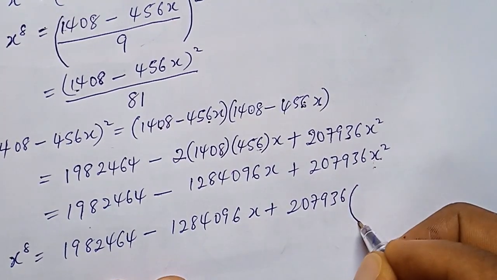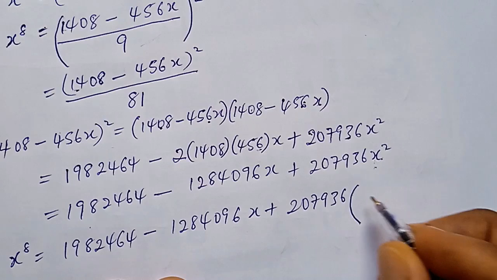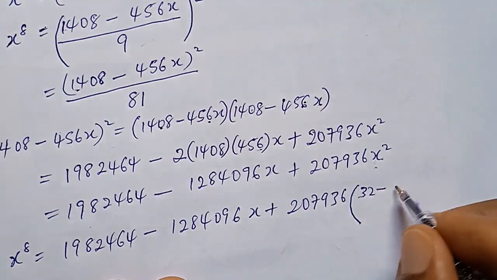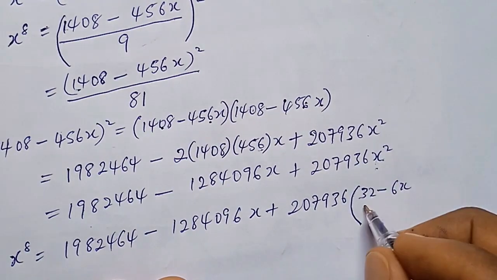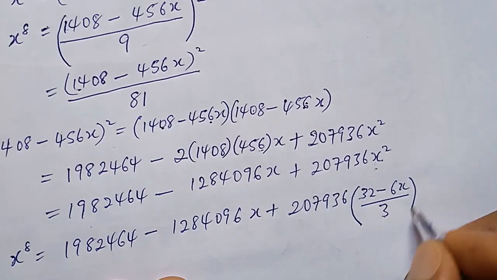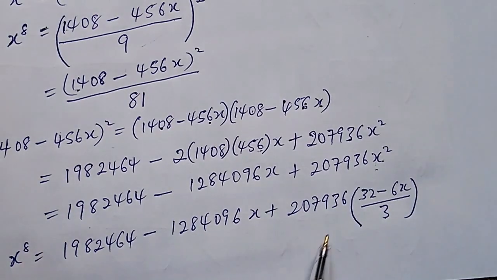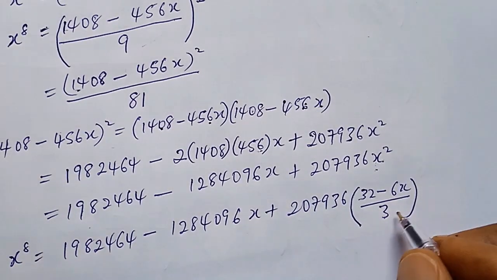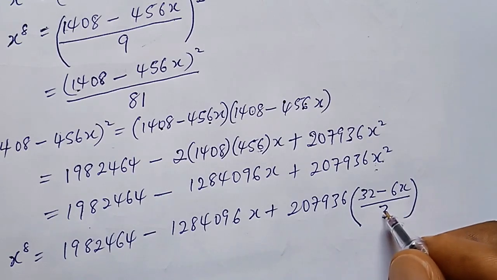Then our x squared will come over here, which is 32 minus 6x over 3. So this is what we need to simplify now, so that this can divide this.